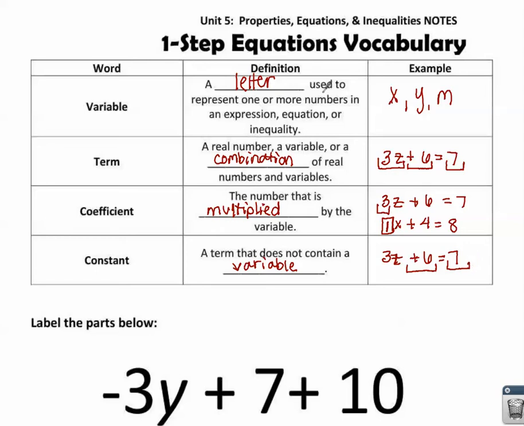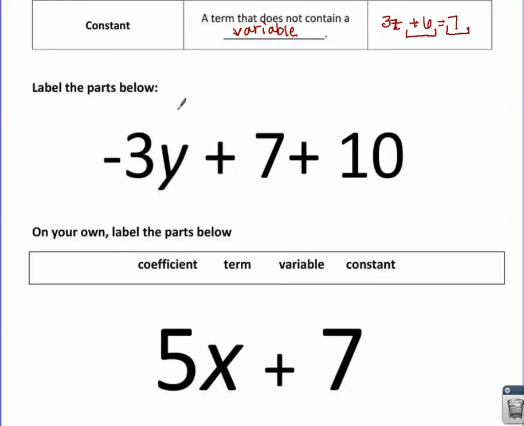Let's label some examples below. In this example, you have negative 3y plus 7 plus 10. So the negative 3, that's considered your coefficient, because it is the number being multiplied by the variable, which gives us our next part.